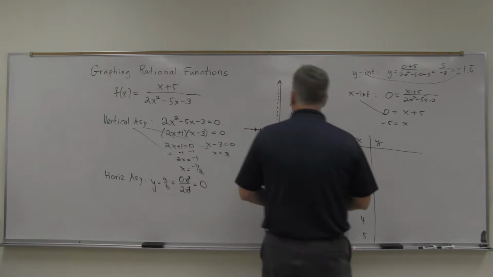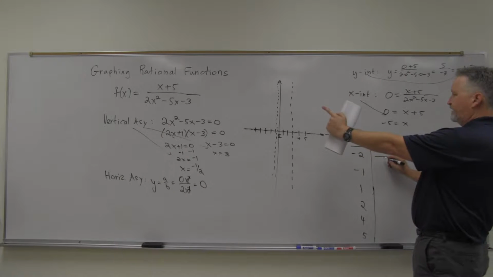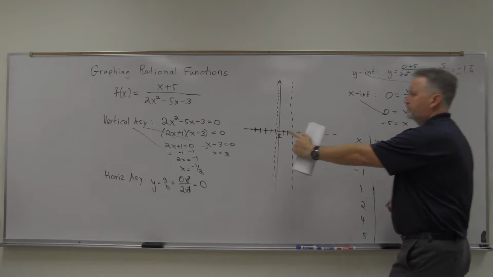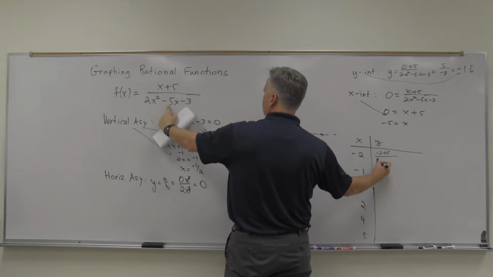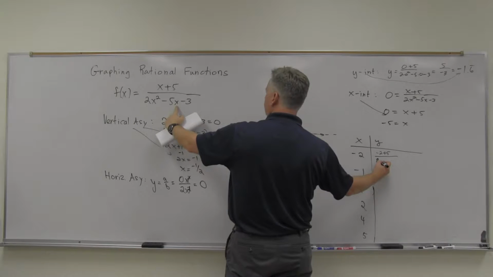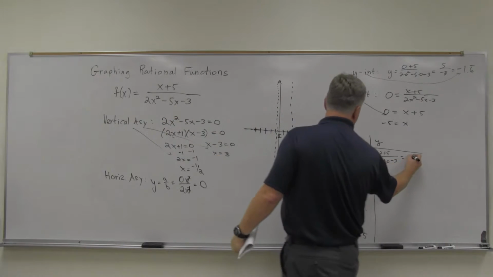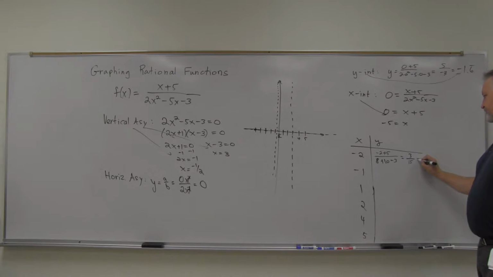All right, so let's see if we can get those cranked out here pretty quick. So we plug in negative 2, plus 5. Plug in negative 2, that'd be 2 times 4, so that'd be 8. Minus 5 times negative 2 would be positive 10. Minus 3, so we got 3 over 15. I believe.